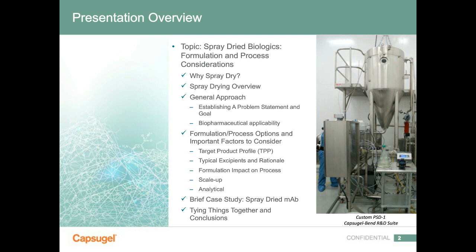When looking at formulation process options for spray drying, we have a couple of different important factors that we'll need to consider: the actual target product profile, typical excipients and rationale that are included, formulation impact on the process itself, how to scale up the process, and then the corresponding analytical, which we all know is important for understanding the products that we create.